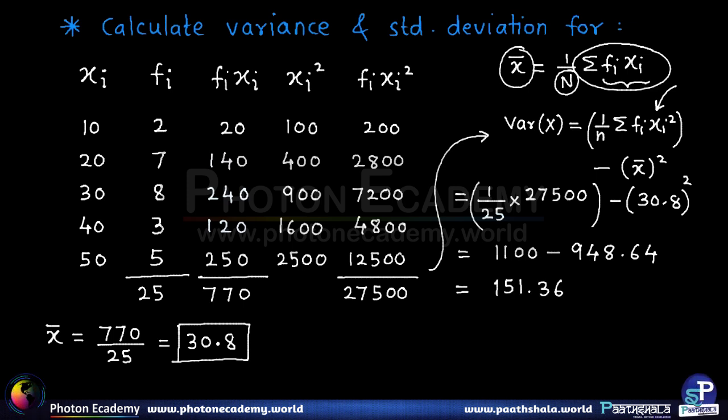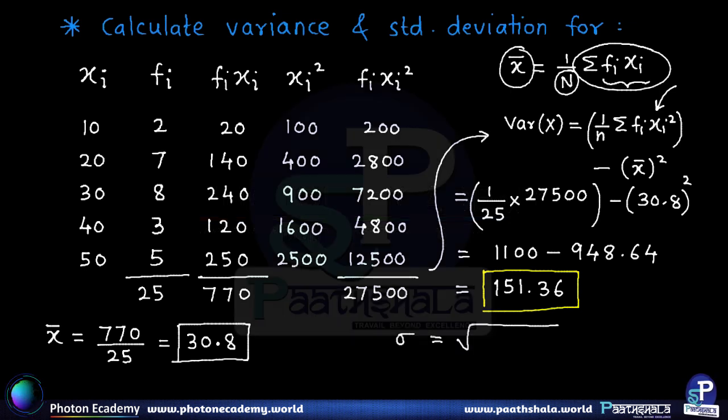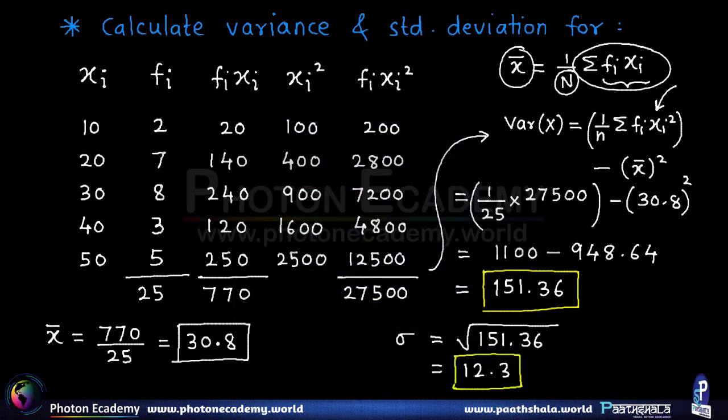So this is the variance, and to get the standard deviation we have to take the square root, which turns out to be approximately 12.3. So that is how we calculate variance and standard deviation.